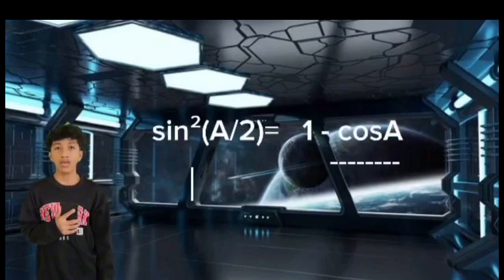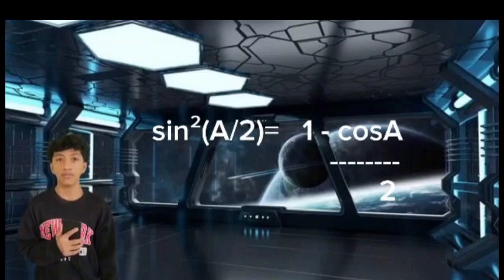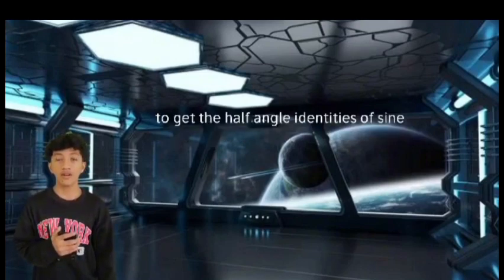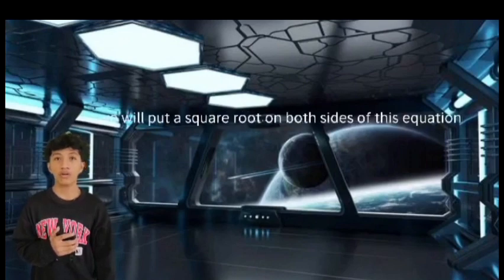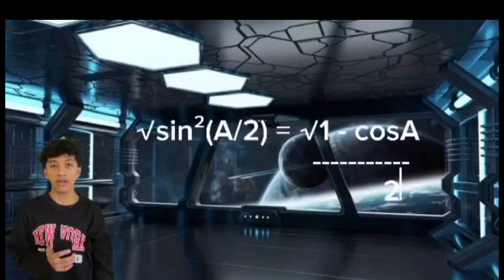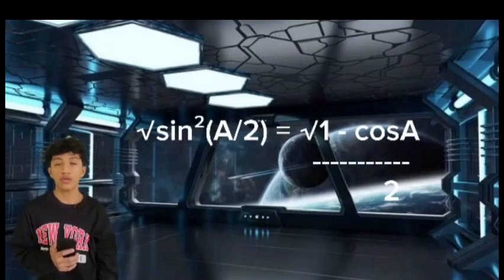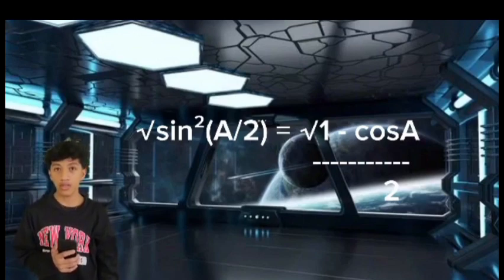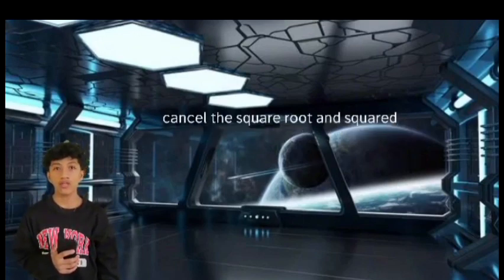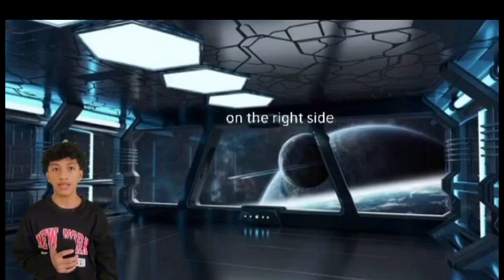Sine squared (A over 2) equals (1 minus cosine A) over 2. To get the half angle identity of sine, we will put a square root on both sides of this equation. It will become the square root of sine squared (A over 2) equals the square root of (1 minus cosine A) over 2. Cancel the square root and the square on the left side.